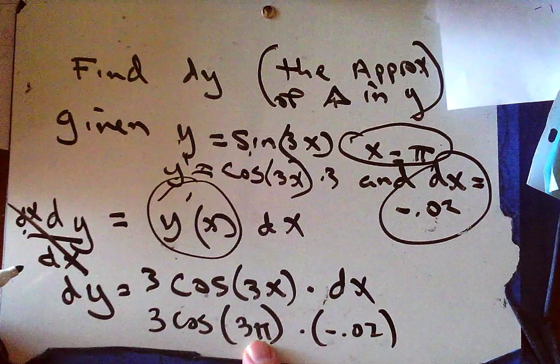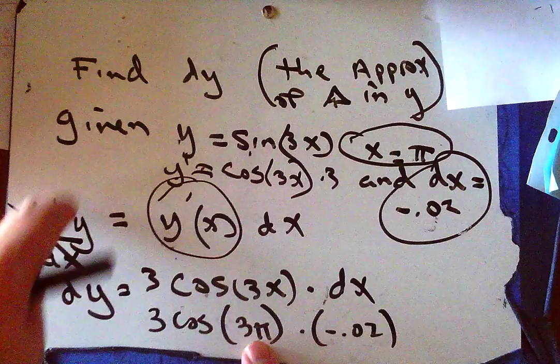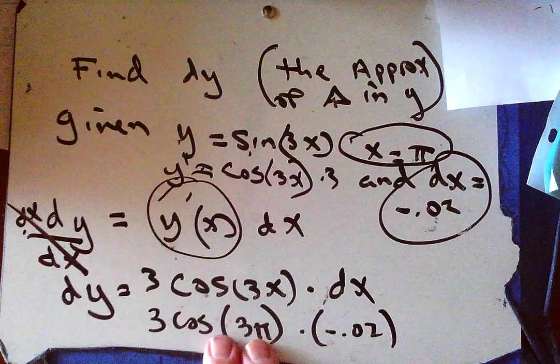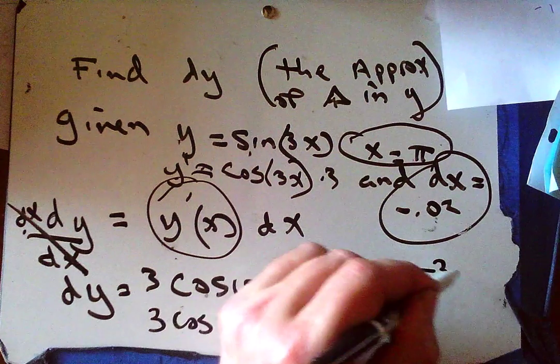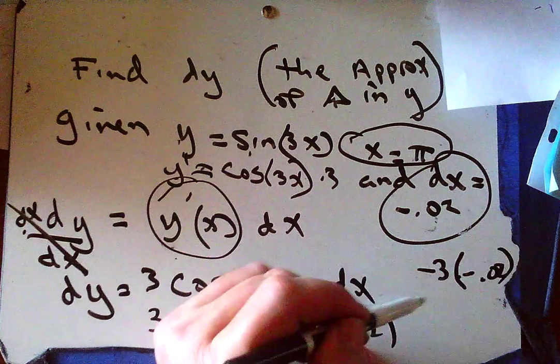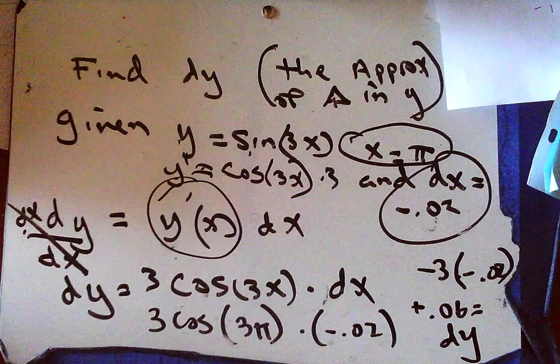Okay, cosine of 3 pi, that's, let's see, 0, pi, 2 pi, 3 pi. Oh, it looks like the cosine of 3 pi is negative 1, times 3 is negative 3, times negative 0.02. And so I get positive 0.06 as my dy.